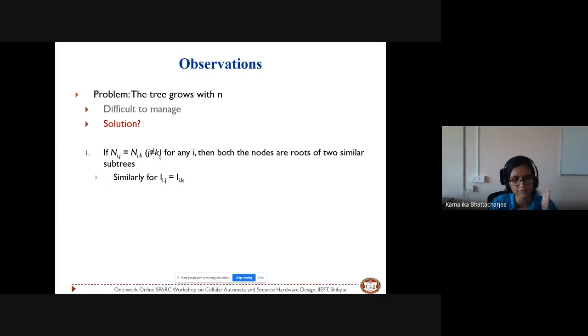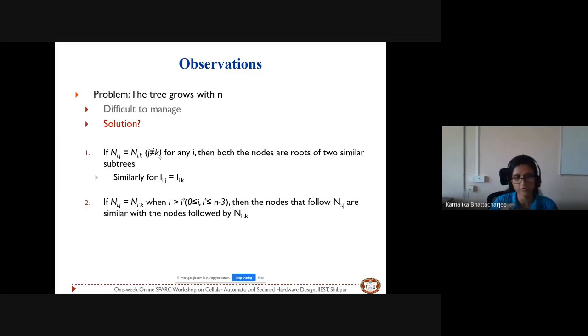Similarly, it is true for the levels also. Also, we can observe that instead of being in the same level, it might happen that one node of some lower level may be similar to some upper level. Maybe we have got one node which has already been created in some previous level.